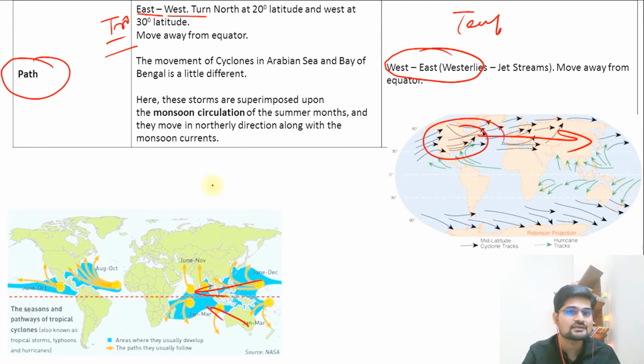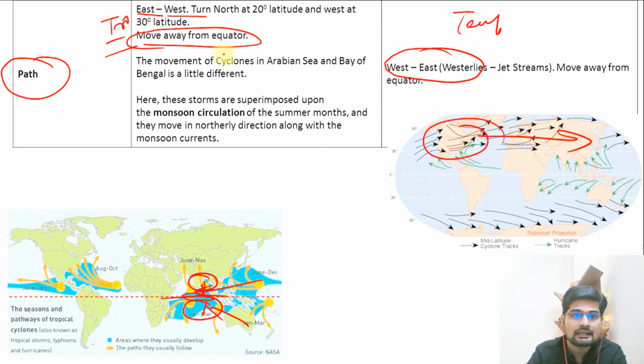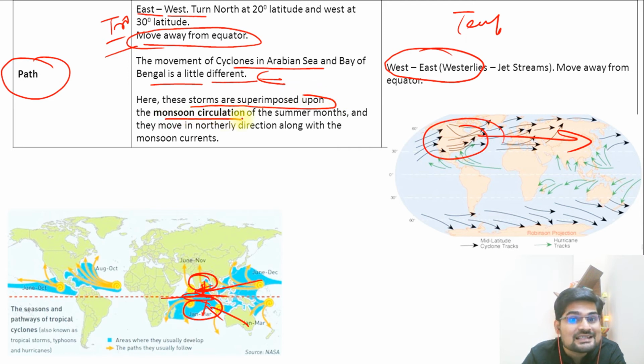Another factor that you see is that as you move away from the equator, you find it is gaining strength, right? Not exactly on the equator, but a little away from the equator, it is actually more prominent. That is important here, right? So that is interesting. And the movement of cyclones in the Arabian Sea and Bay of Bengal is a little different, that we need to understand. Here, these storms are superimposed upon the monsoon circulation, because this belt in the Bay of Bengal is also the monsoon belt, right?